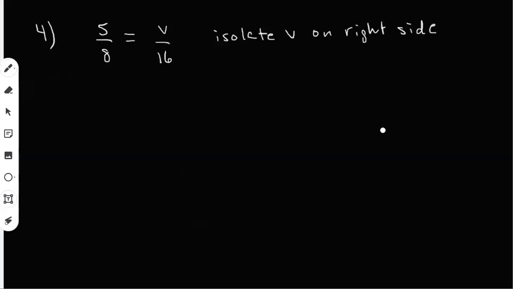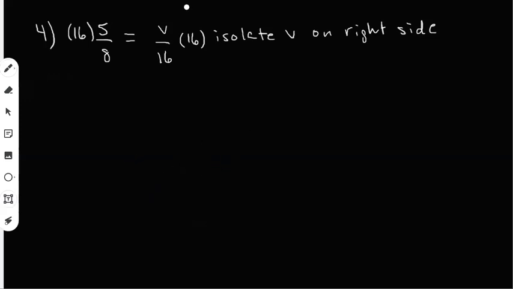But that means I've got to get rid of that 16. So how am I going to get rid of that 16 if it's in the denominator? I would have to multiply both sides by 16, right? Because that would be doing the opposite of dividing. So we're going to multiply both sides by 16.